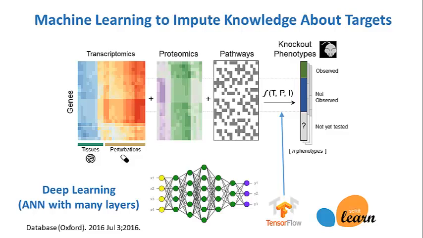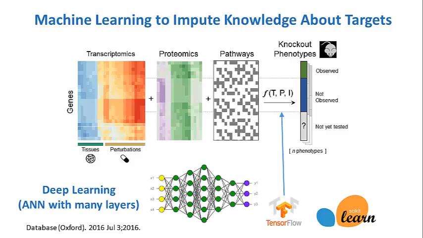Some transcriptomic data is from perturbations, looking at whether a gene was up or down under different conditions. And then here there is some proteomics data and some pathway data. The pathway data is binary, whether the gene is in a pathway or the protein is in a pathway. But these others are continuous variables.